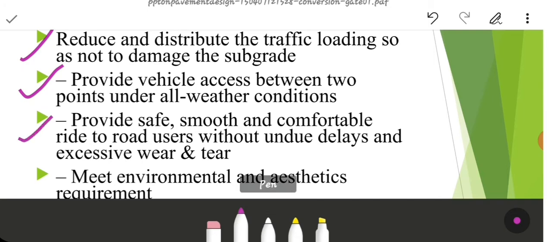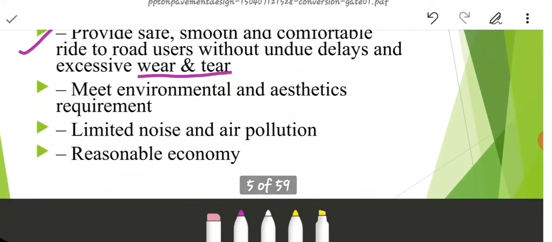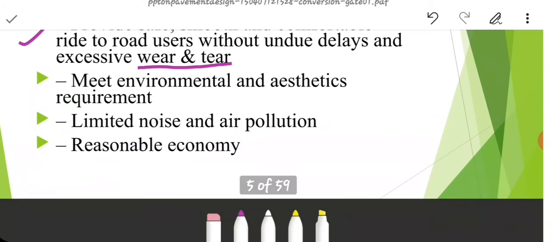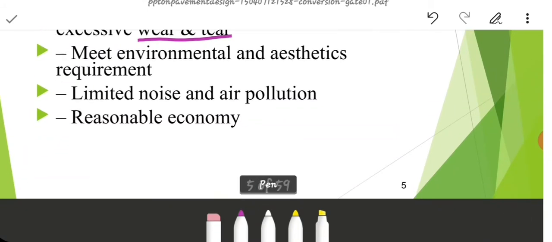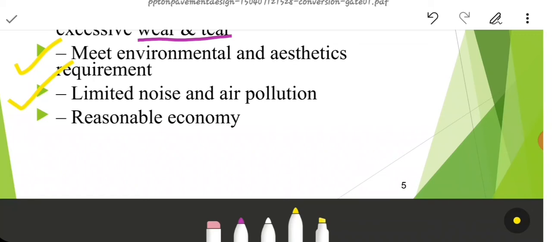Next, provide safe, smooth and comfortable ride to road users without undue delay and excessive wear and tear. Clear? Meet environmental and aesthetic requirements, limited noise and air pollution, reasonable economy. Economy is the most important.